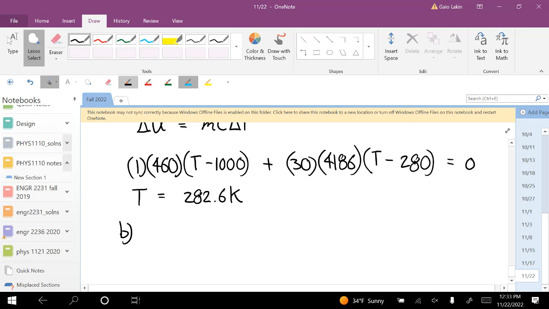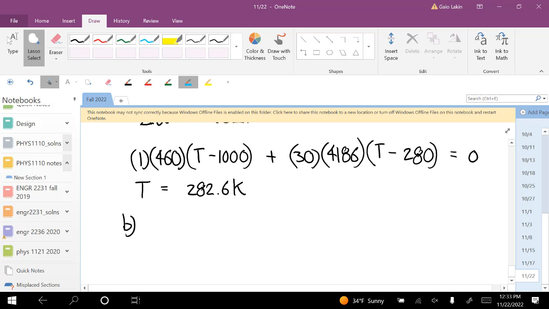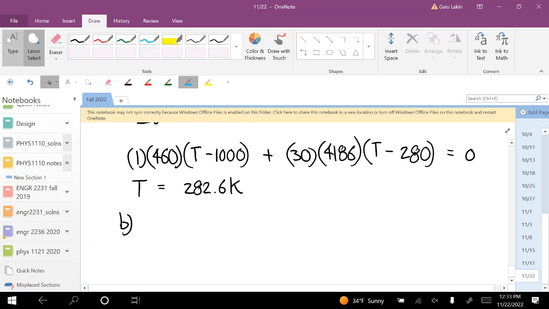And now we want to calculate the entropy production. Well, we'll calculate the change in entropy for each of these two things.